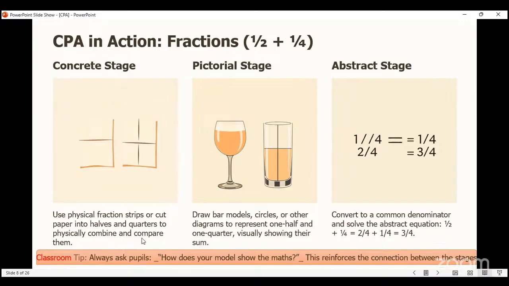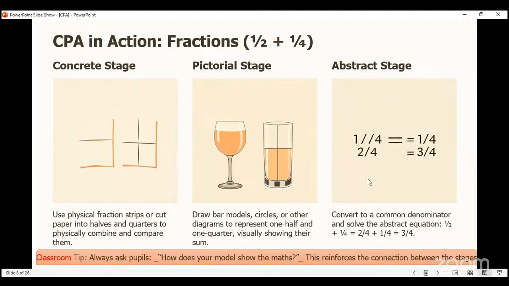When you combine half and a quarter, the children can see that the answer will be 3/4. Next, you draw a bar model. You can see an example of a bar model here. You can use circles as well to represent it. You can use a picture of a pizza to represent the equation, in order to help them to visually show their sum.